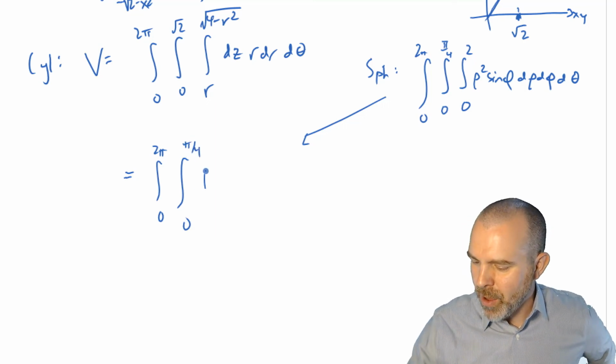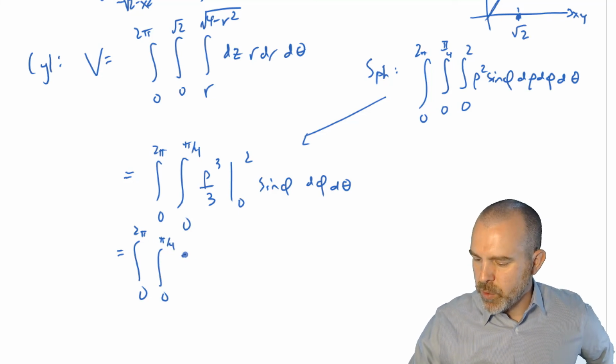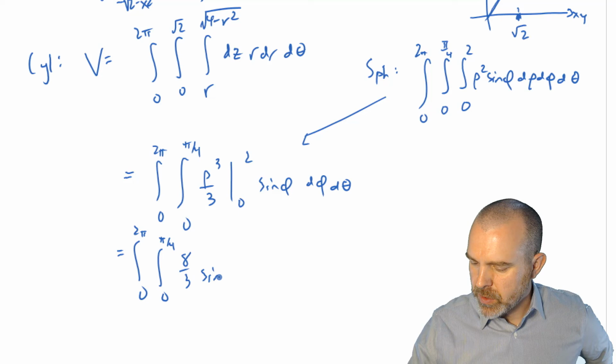We're going to integrate rho, so that's rho cubed over 3 from 0 to 2, sine phi d theta. That would just be 8/3 sine phi d theta.